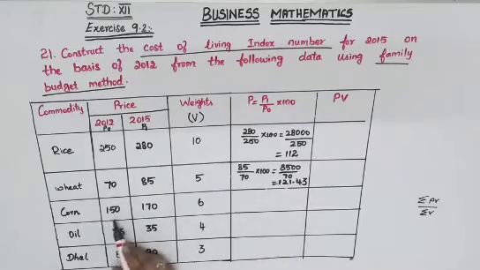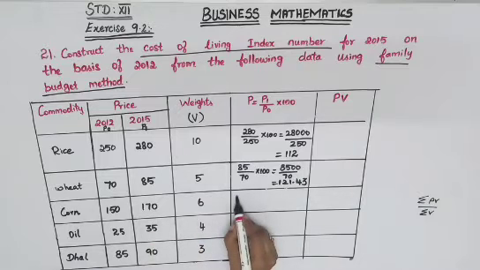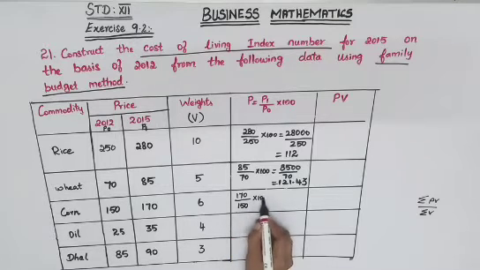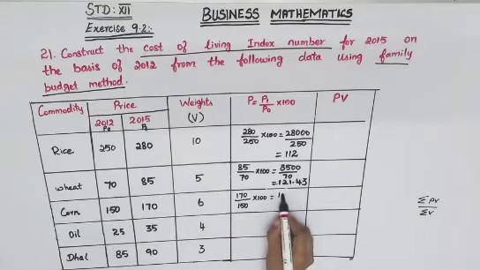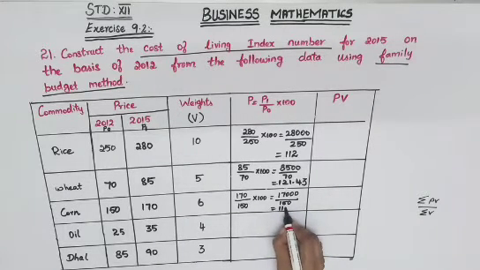Okay, and the next part is P1 divided by P0. So P1 is 170 divided by P0, which is 150, into 100. Which is equal to 17000, the numerator multiplication, divided by 150. If you divide, you will get your answer 113.3.